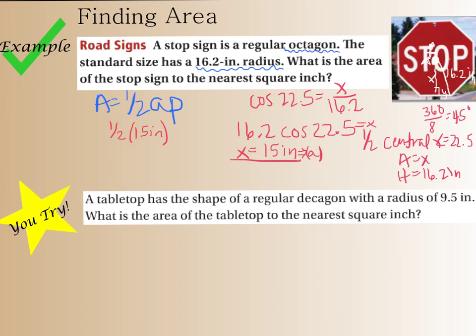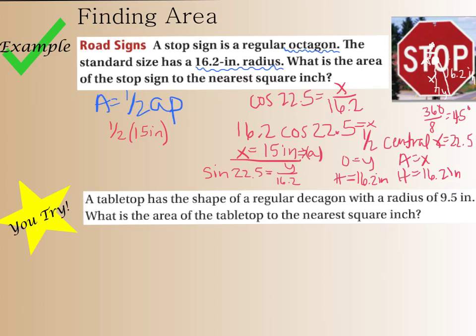And in order to do that, I need to find this little piece right here. So I'm going to set up, that's my opposite side. So my opposite side is Y, and my hypotenuse is 16.2 inches. So now because I have opposite and hypotenuse, I'm going to use sine. So sine of 22.5 equals opposite over hypotenuse.